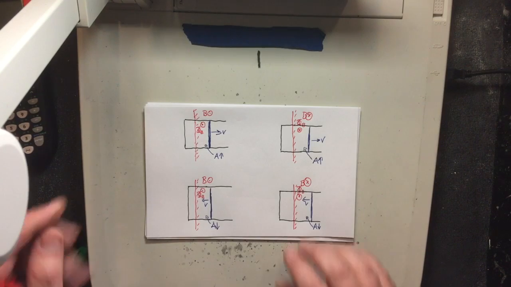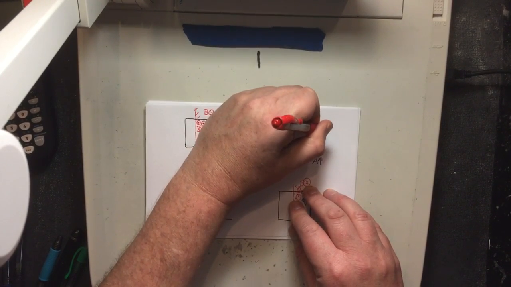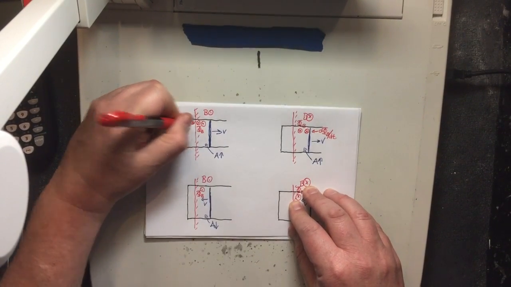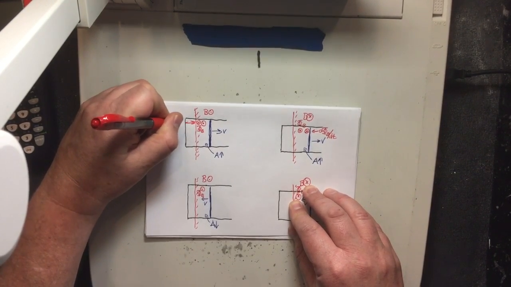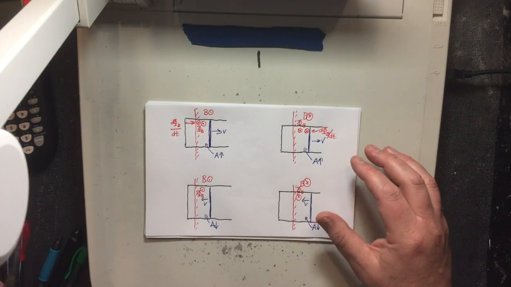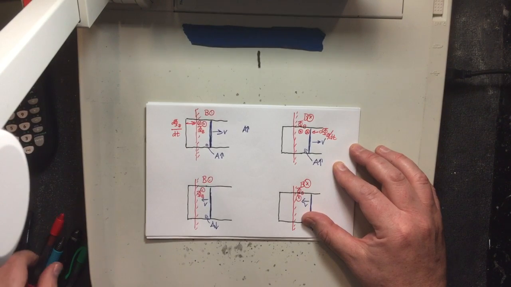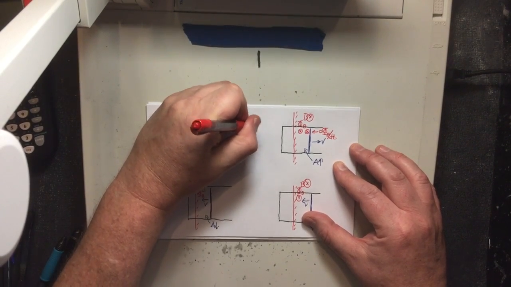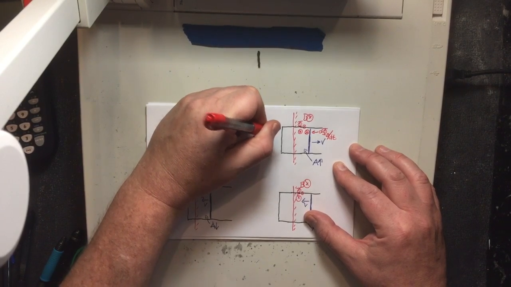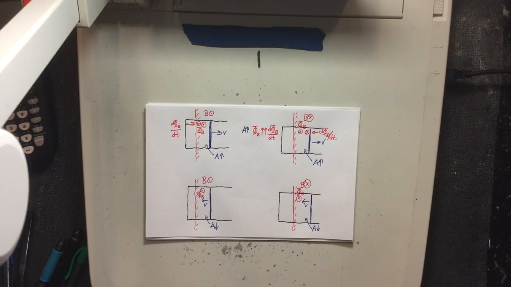So the change in flux, if area increases, magnetic flux and change in magnetic flux are parallel.